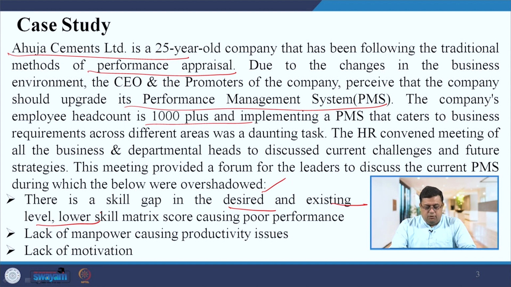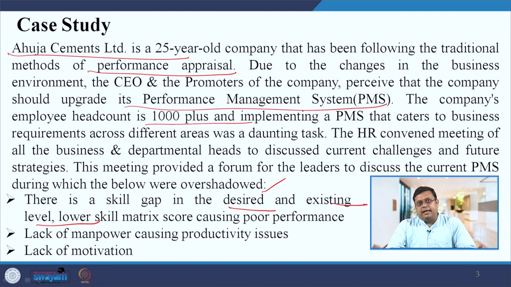Now, you have to collect the data related to it and then you have to visualize this data. That is what we will understand, how this data will be visualized, and that matrix which is causing the poor performance. Now, that skill gap is what you have to identify, and the second thing is that you have to identify the relationship between skill gap and performance.